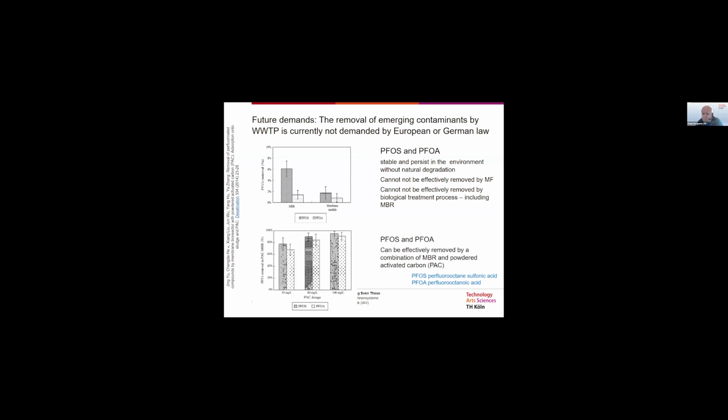But if we combine the membrane bioreactor with an internal addition of powdered activated carbon, then it becomes apparent that a large-scale removal of this group of substances is possible. About 80 to 90, 95% removal of these substances is possible, and this should be enough for the future legislative demands.